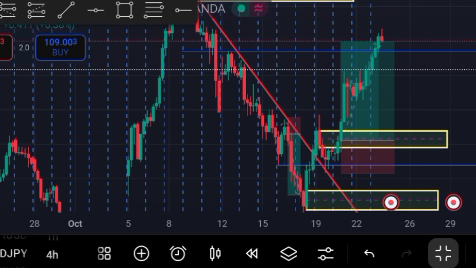This is CAD JPY, and as you can see, in the first one the price hits the trend line and I made an entry, which moved down. This was made while trading along with the trend.